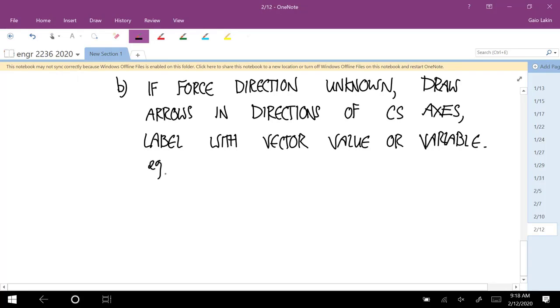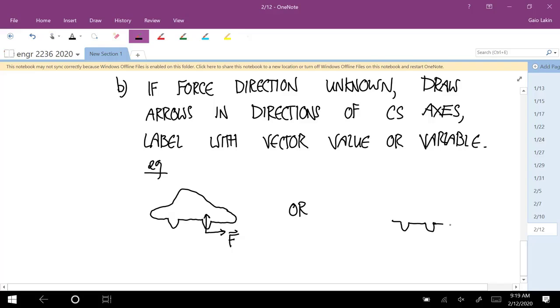So if I use that car example again, let's say we're dealing with the force that's applied to the car by the ground at the front wheel. You can represent that like this and label it with a force F, or what I think is maybe more common.